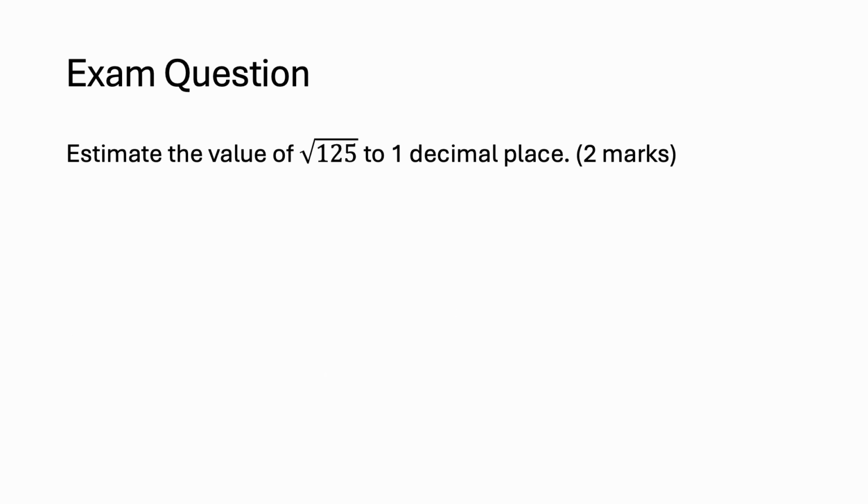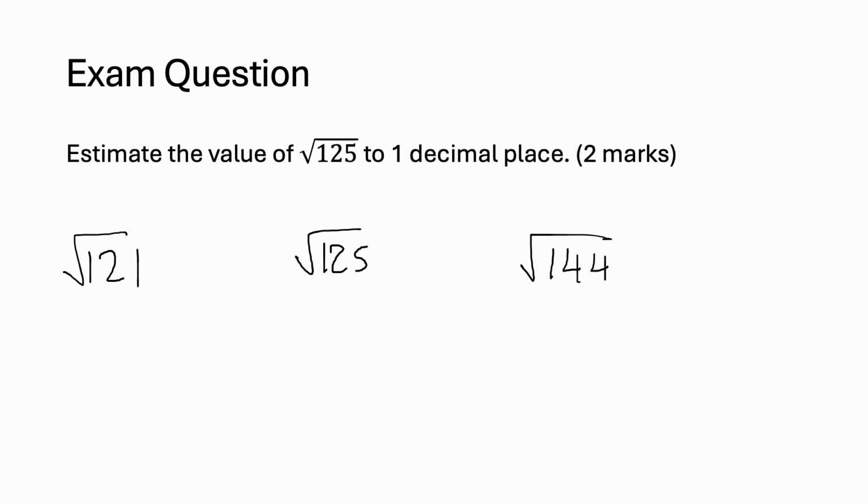Okay, similar question again. Estimate the value of square root of 125 to 2 decimal places. So again, square root of 125 is between square root of 121 and square root of 144. Square root of 121 is 11 and square root of 144 is 12. If we look here, which one is 125 closer to?